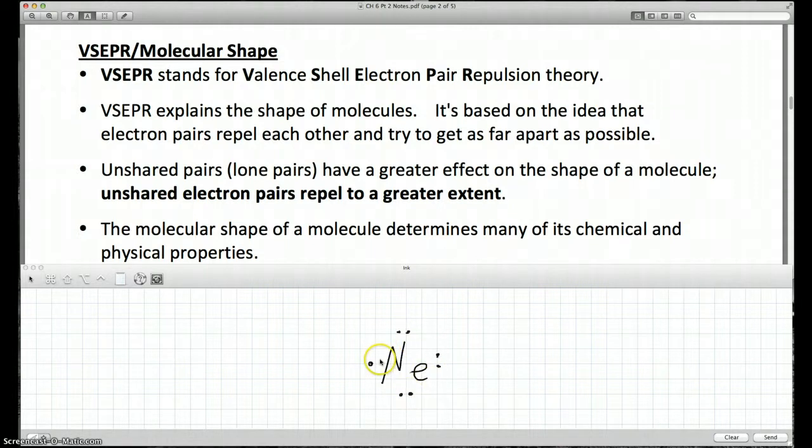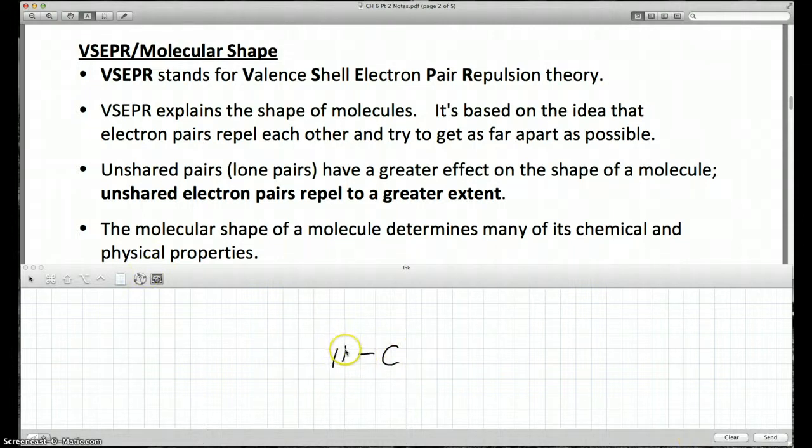Electrons like to pair up. They don't prefer to be alone. So, electron pair just meaning a pair of electrons. Now, repulsion. Repulsion means repel.